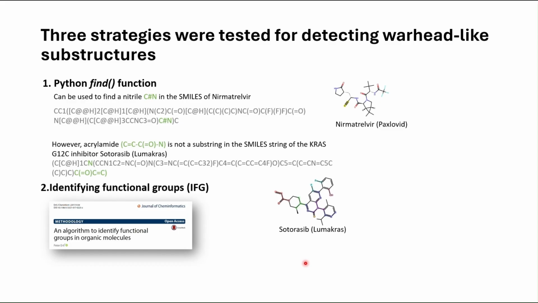I changed to using IFG in the 3rd version of this program, and the algorithm successfully identifies the acrylamide group in sotorasib and in many other acrylamide-based covalent compounds. I was very satisfied when I solved this problem, but this isn't the end of the story.